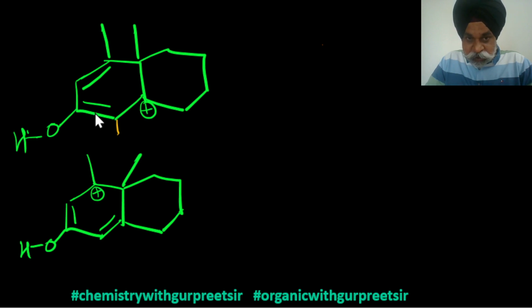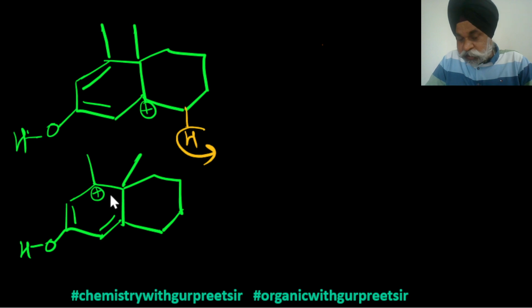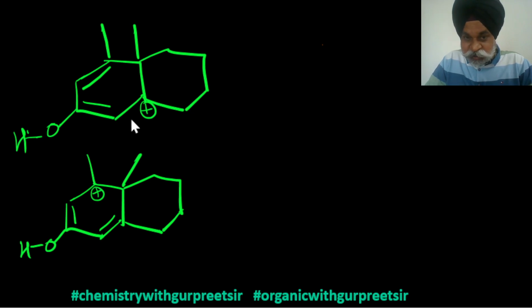Another thing you can think of: this hydrogen can be deprotonated, because if I create a double bond here, it is in conjugation as well, but it would not lead to aromatic character. So here's the problem.